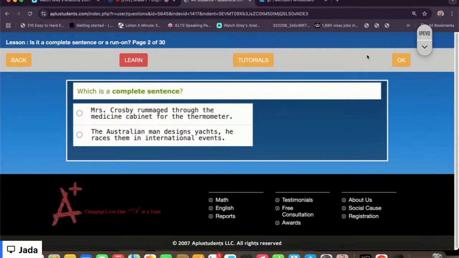So, which is a complete sentence? Mrs. Cresby rummaged through the medicine cabinet for the thermometer. The Australian man designs yachts. He races them in international events.